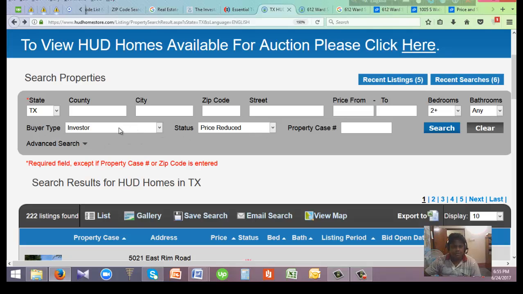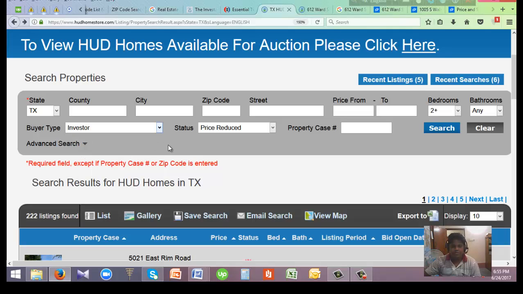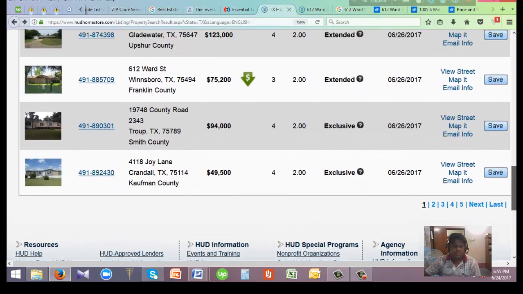And here are the features: buyer type, like owner occupant, investors, or anyone, and we select investor for our investors. There are also some criteria that we can select: accepting bids, new listing, price reduced. We will select all of this, hit the search button, and we'll get lots of properties listed in Texas state.